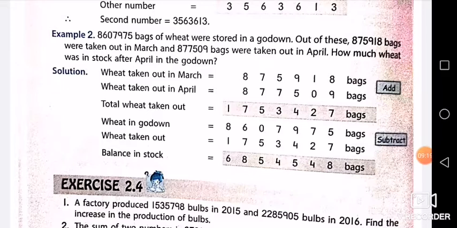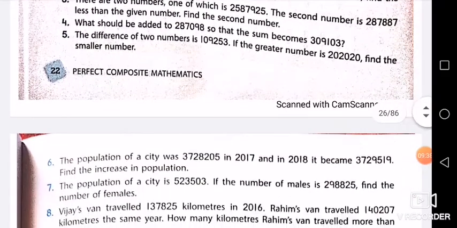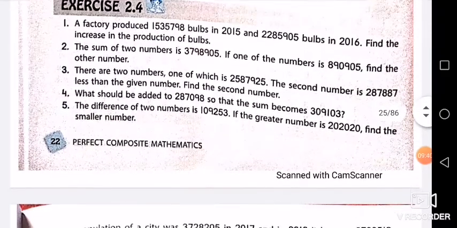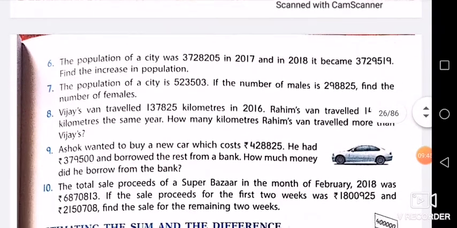Then whatever sum you get, that sum will be subtracted from the total wheat bags kept in the godown. Now you get the balance in stock, or wheat bags left in the godown. So I think this question is clear to you all. Now we'll move to question number 6, because for 1 to 5, if you have any problem you can ask me. Fine. You message me, I'll tell you.